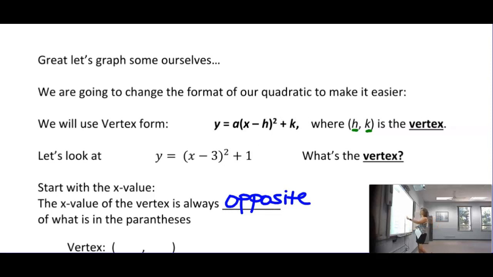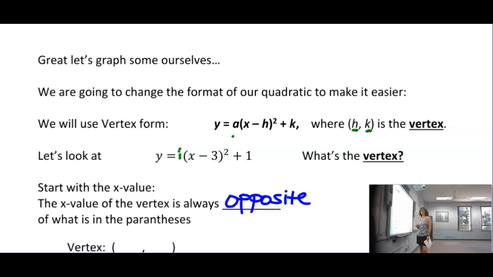So we have a number, and that number could be 1, times x minus h squared plus k. Okay? So here we have a number. What number is in front of here? Just an imaginary one. We have x minus 3 squared plus 1. So what's my h? My h is my 3. What's my k? 1, right?